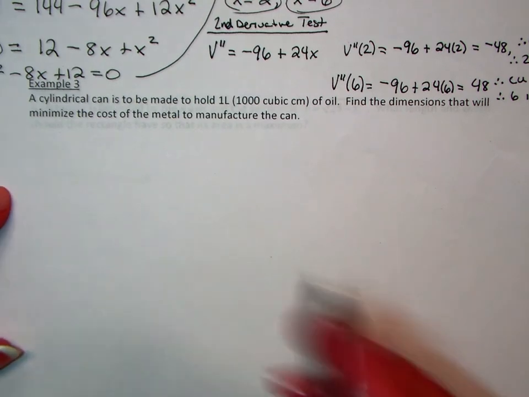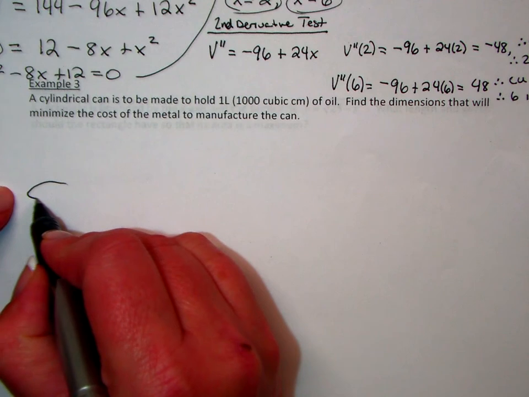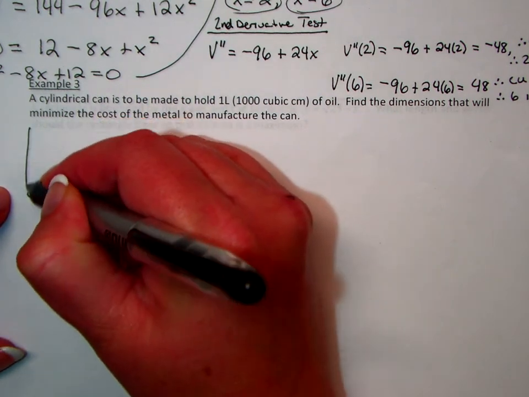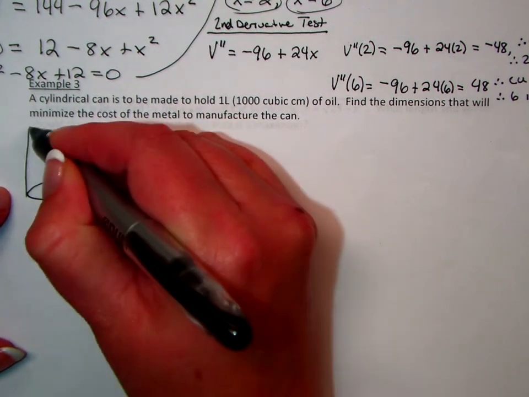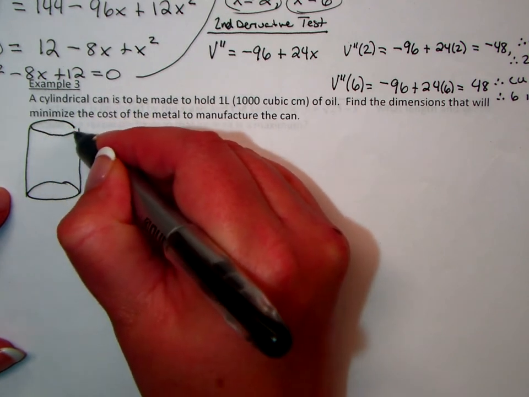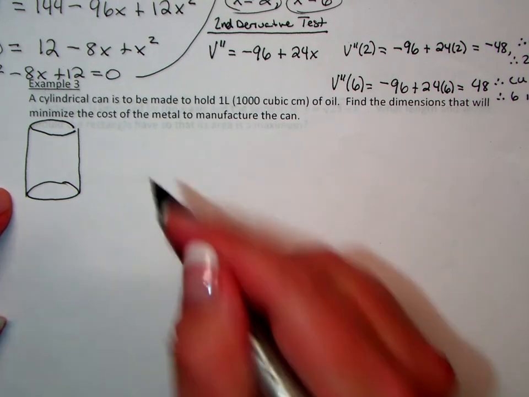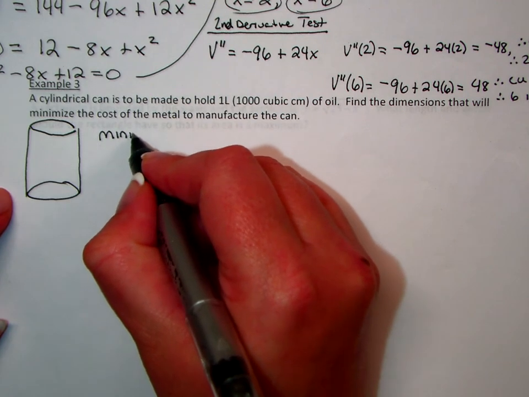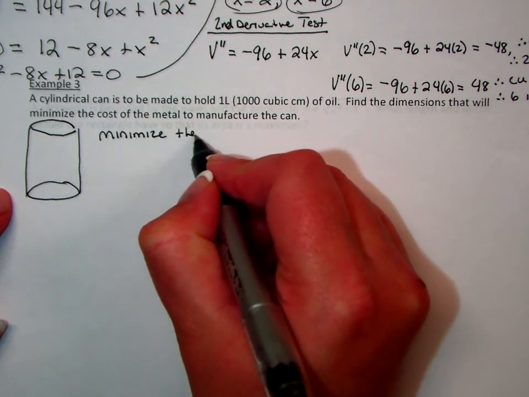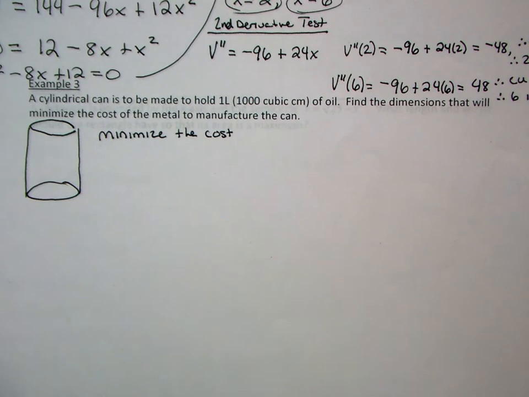So let's draw our cylindrical can. And we want to minimize the cost. The cost to manufacture this can is really multi-dimensional, but we're going to assume that the material costs the same, the side material, the top and the bottom material.